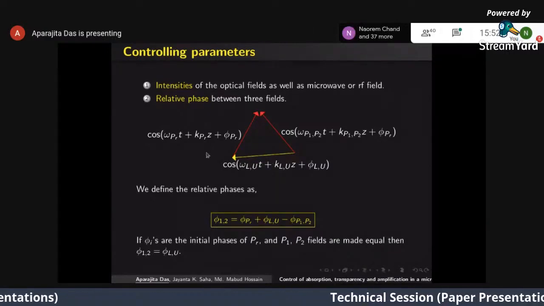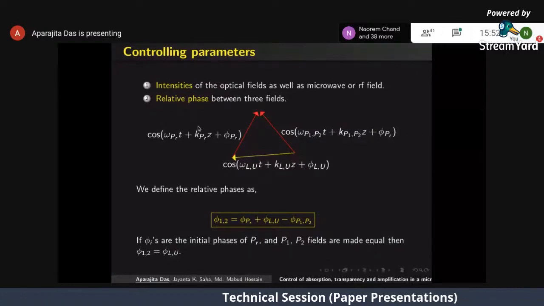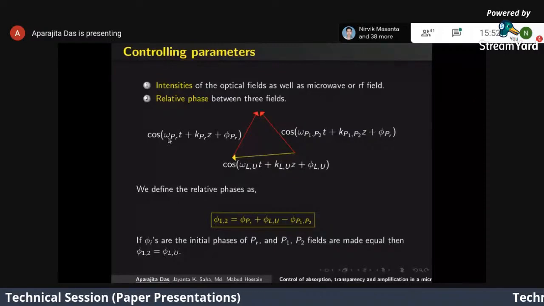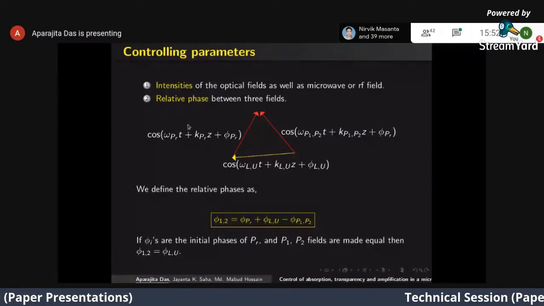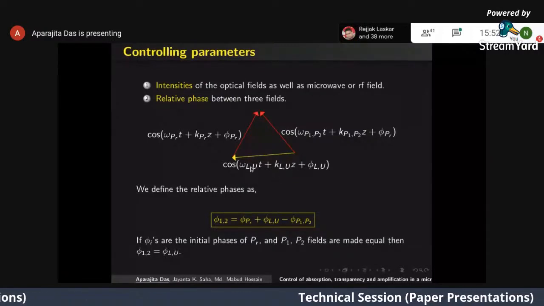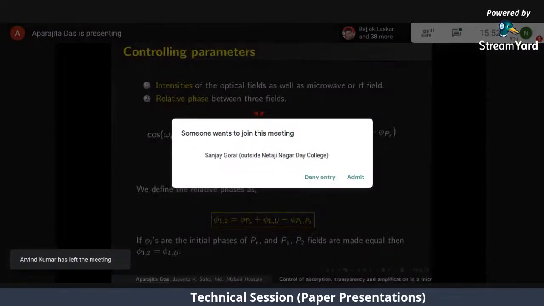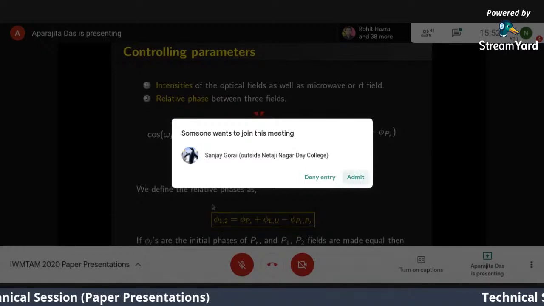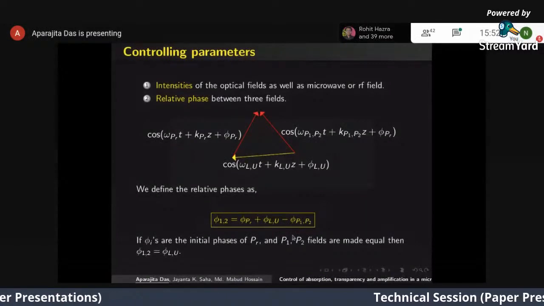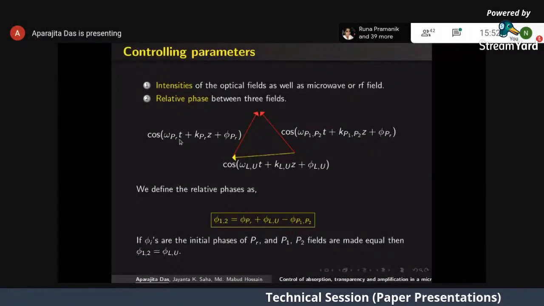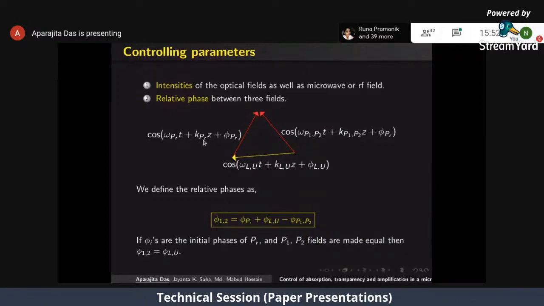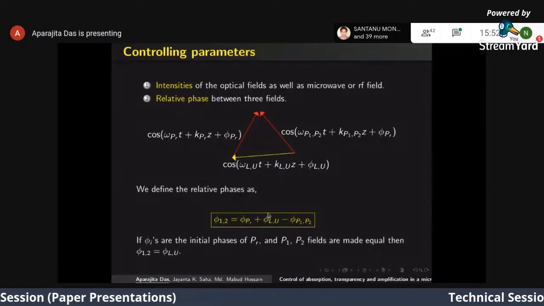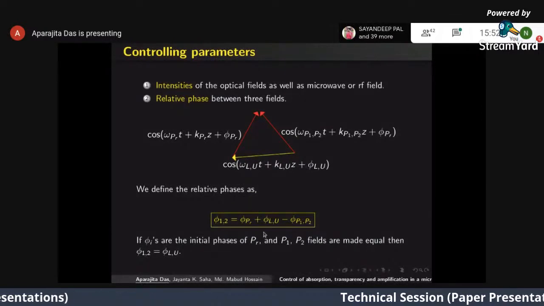So what will be the relative phase? We can calculate the relative phase by adding the phase parts of the probe and microwave field, and then subtracting the phase part of the pump field, and ultimately we get the relative phase in this form. Here the phase parts omega, PRT, K, PRZ are not included because they all cancel out.